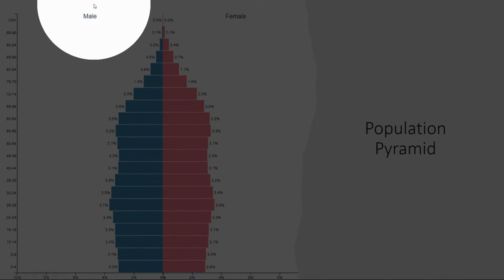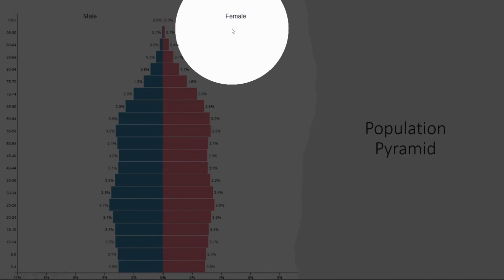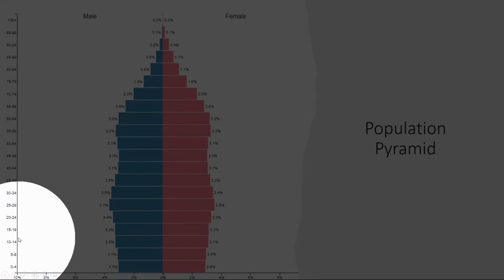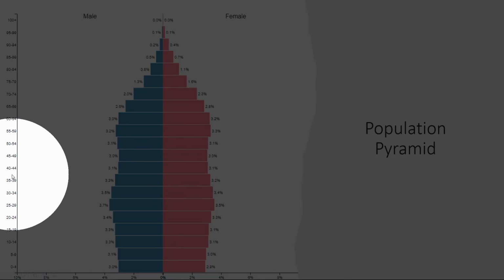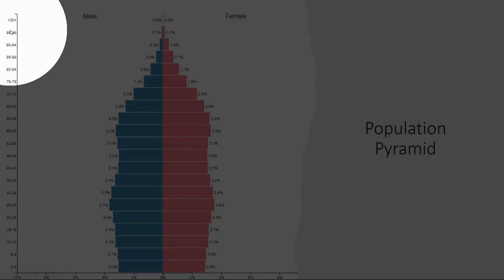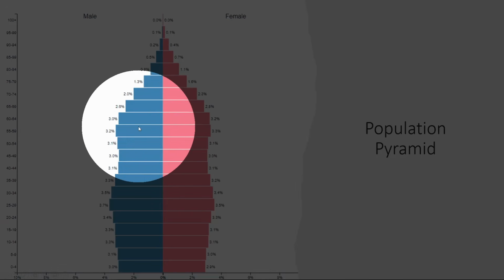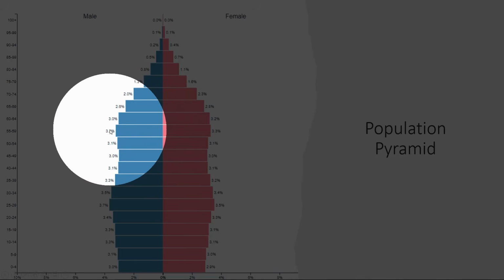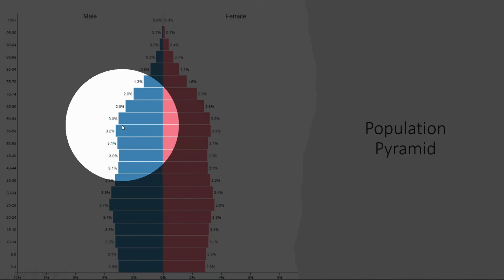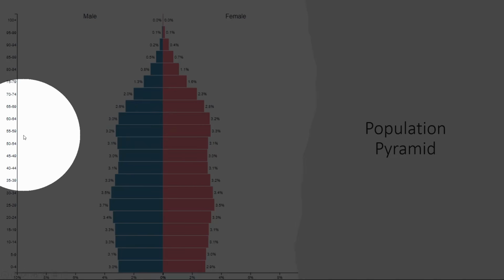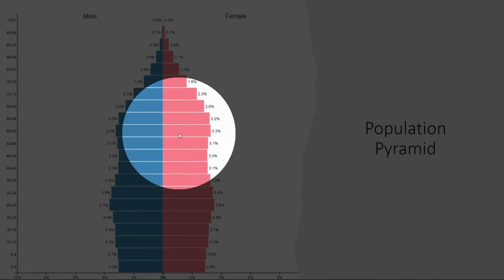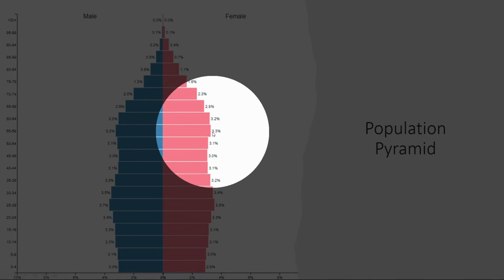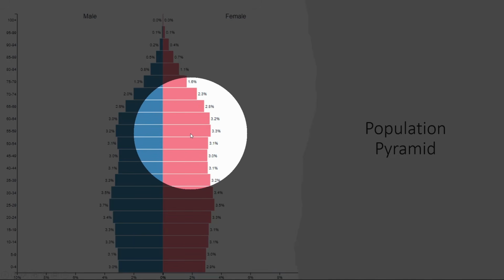On the left are male, on the right are female, and at different age groups from the lowest, 0 to 4, all the way up to 100 plus. The bar on the left indicates the percentage of the male population in a specific age band. On the right are the percentages of the female population in a specific age band.